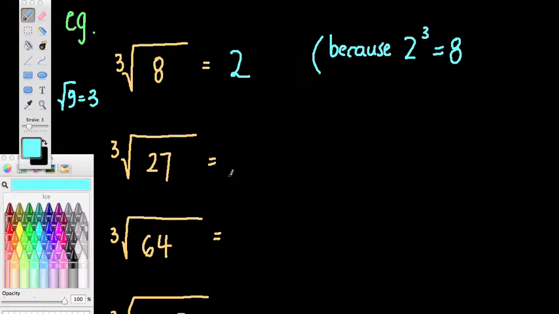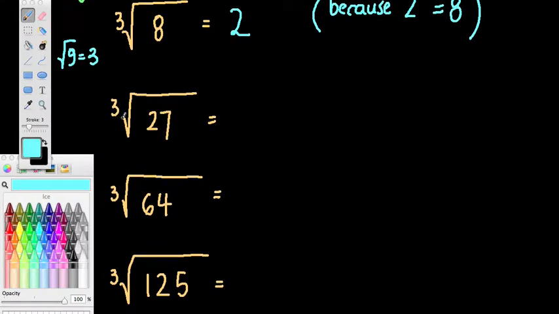Let's do this next one. The cube root of 27. Alright, well I know that it can't be 2 because 2 cubed is 8. So how about we try 3? I might do it on the side here. 3 3s are 9. If we multiply by 3 again, what do we get? 9 3s are 27. Good.